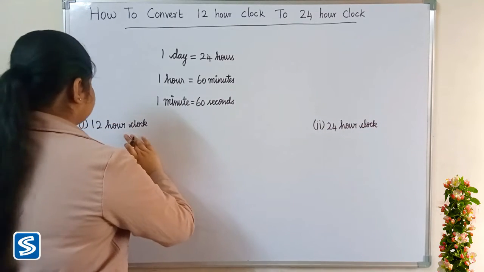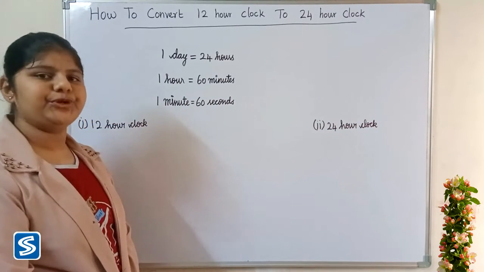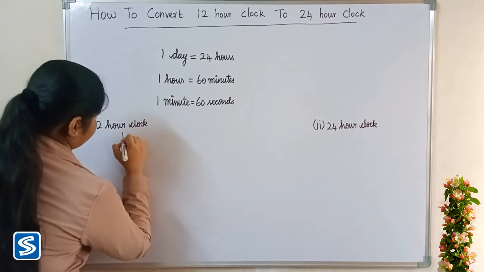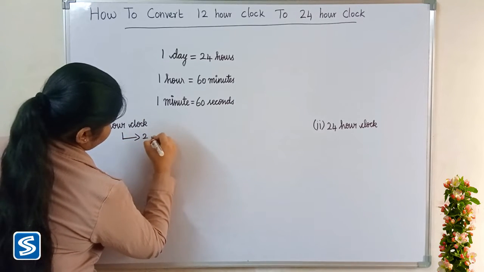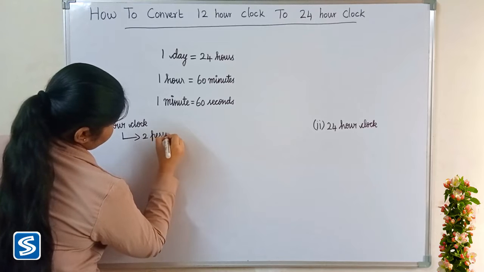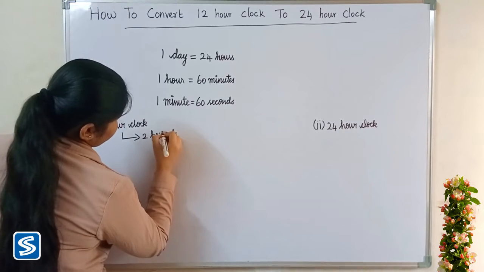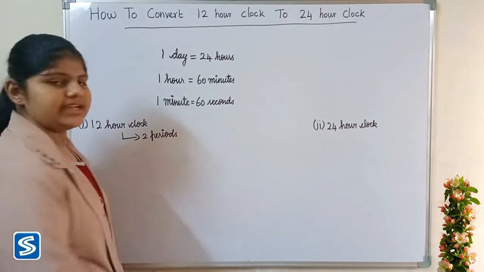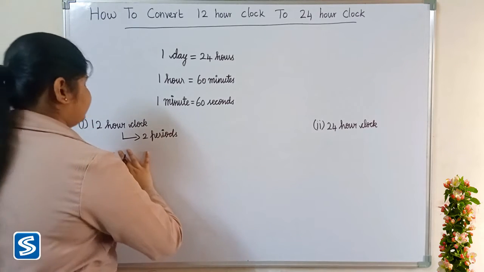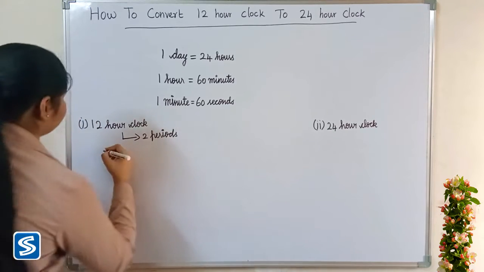In 12-hour clock system, the day is split into two periods. In the first period, the time runs from midnight to noon.